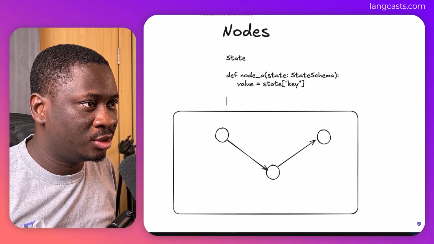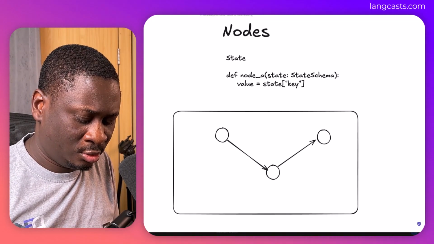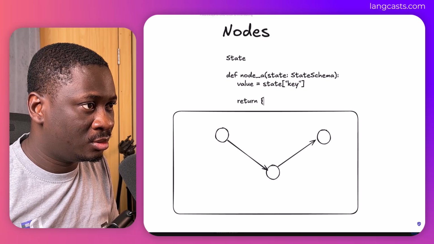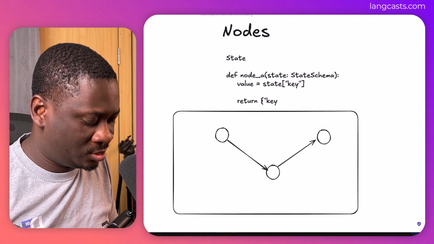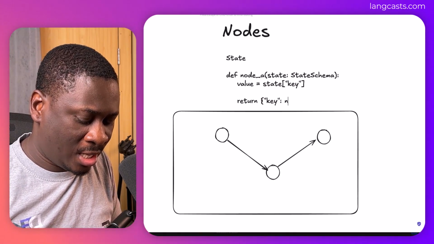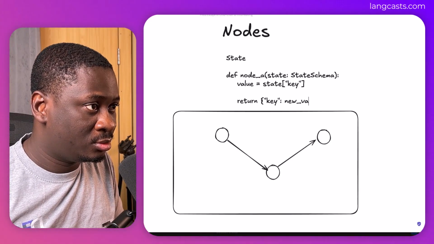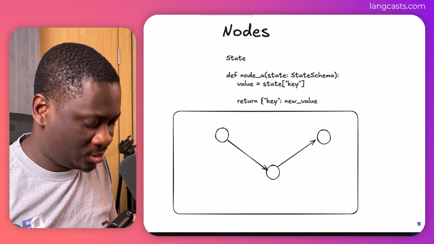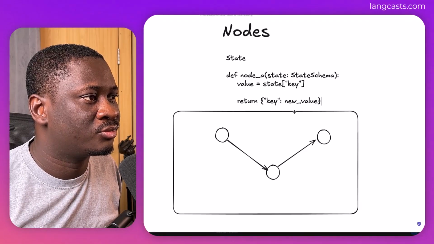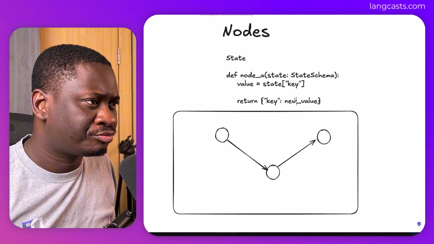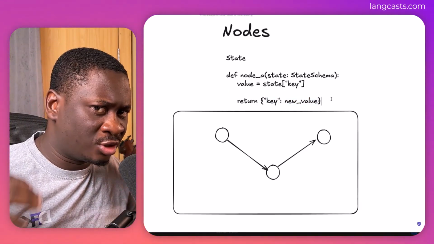And if you want to update state, you simply return your update, using the key of the state that you want to update and a new value for that key. You don't need to return the entire state.